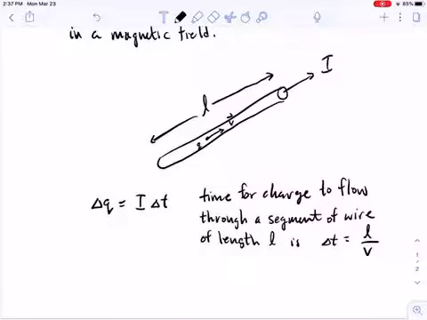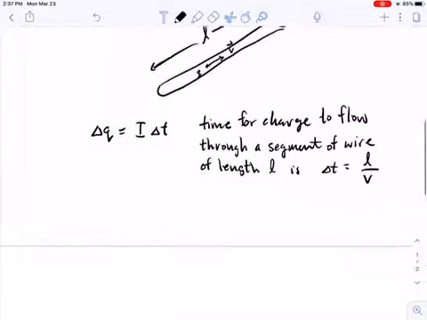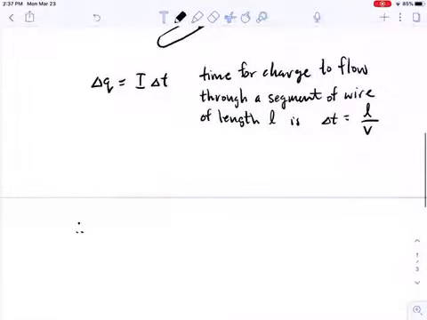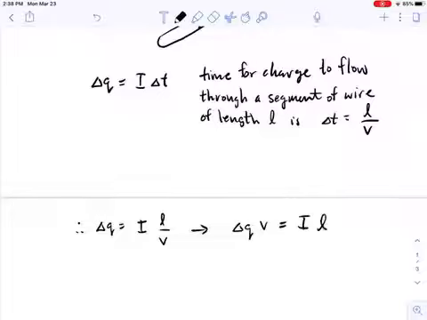So that's going to be, say, the drift velocity for the current I. Okay, so that means delta Q is equal to I, and then delta T becomes L over V. Or delta Q times V is equal to I times L.